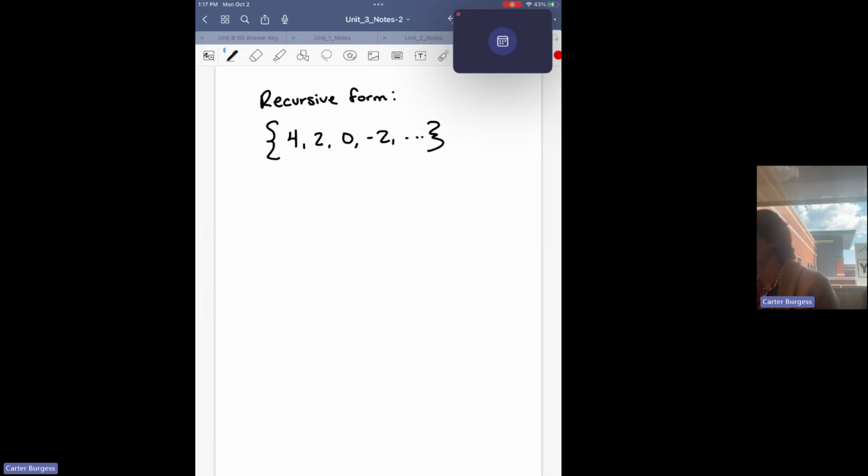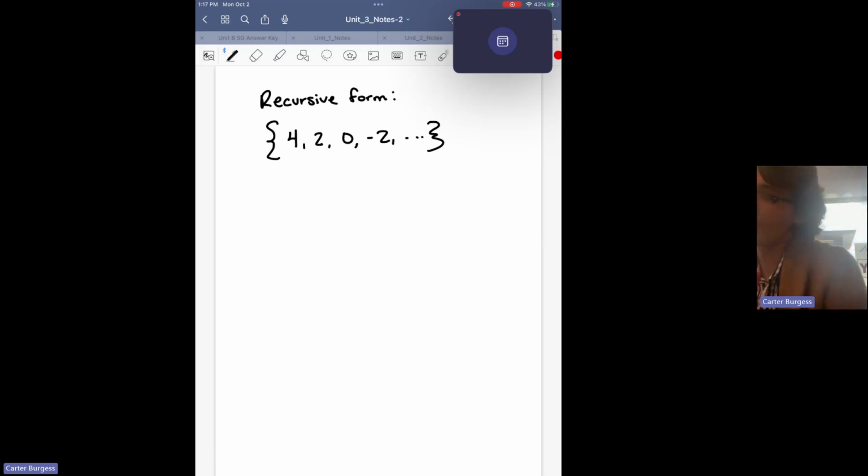Now, recursion as a concept is one that you'll often see in something like computer science. The idea is we are going to use previous outputs as our new inputs. So what was an output from the previous step is going to become the input for our new step.